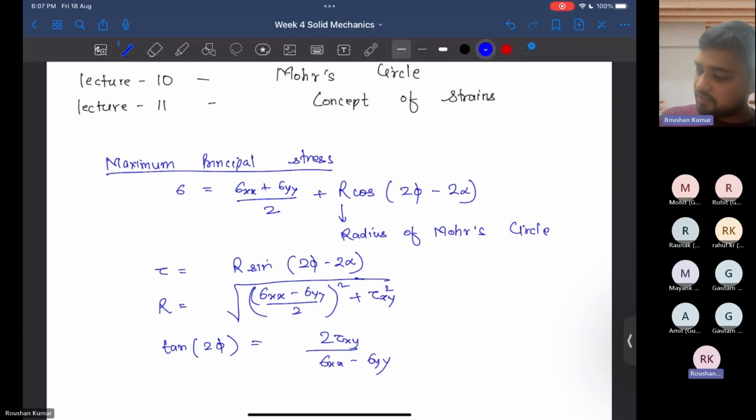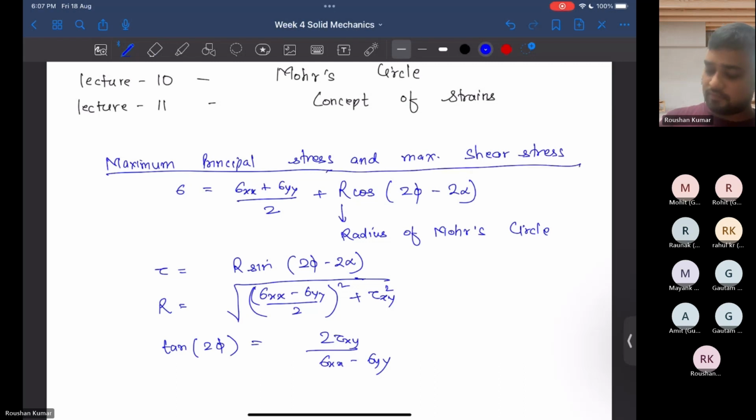Maximum principal stress and maximum shear stress formula. So this has already been discussed in the last session. So I just write here the formula that is being used in the following problem that I will discuss.